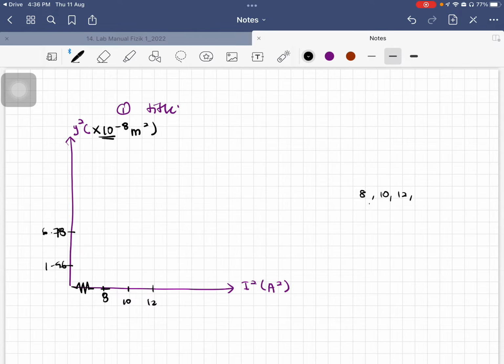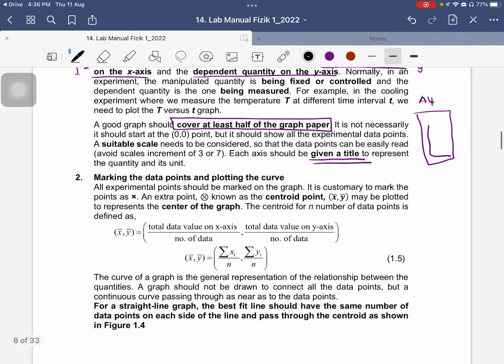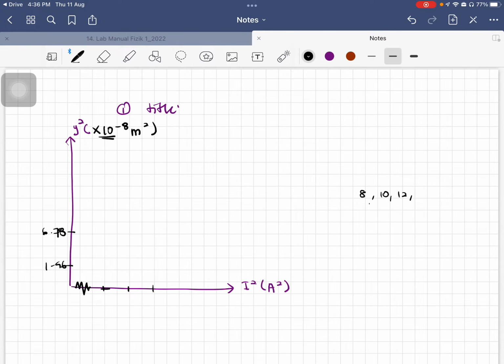It will save your space. You can have this seesaw, I don't know what we call this, on the x-axis or the y-axis. Next, your lab module says marking the data points and plotting the curve. What you need to do is plot your values as x.